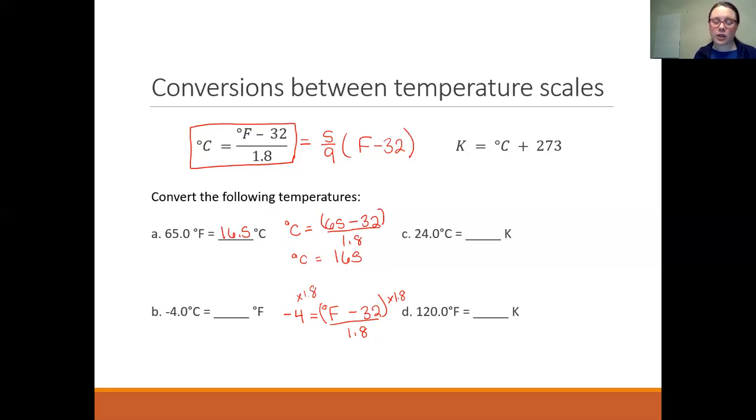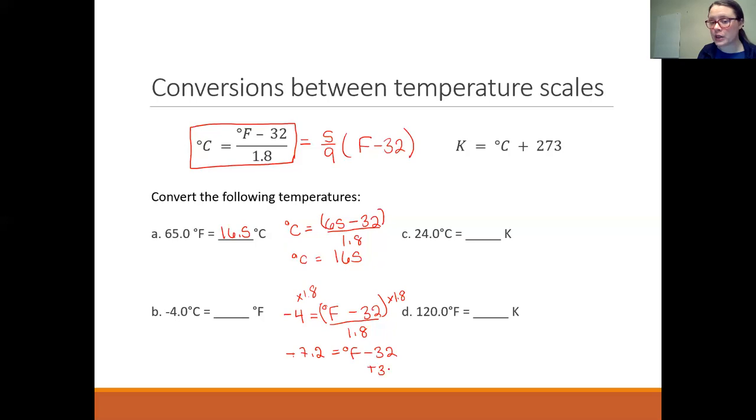So -4 times 1.8 is going to leave us with -7.2 equal to Fahrenheit minus 32.